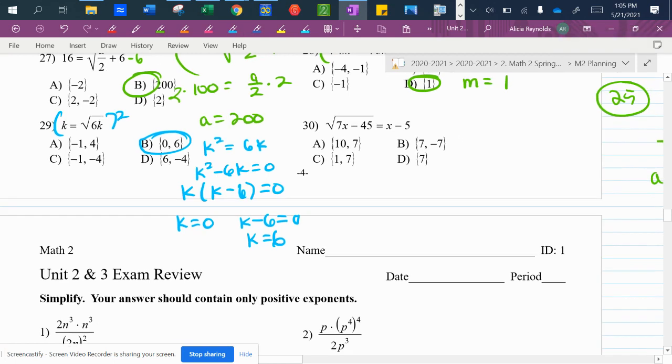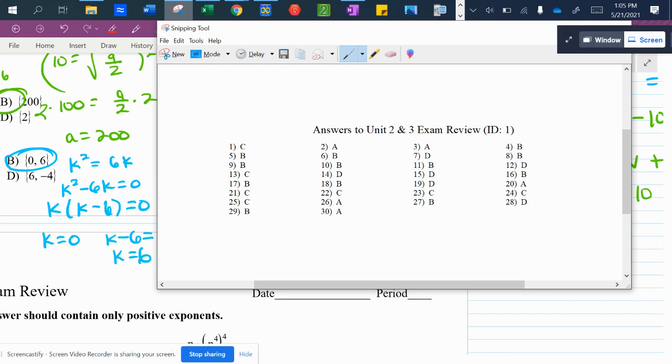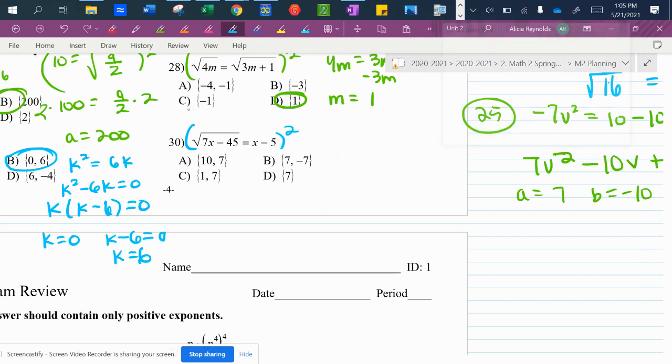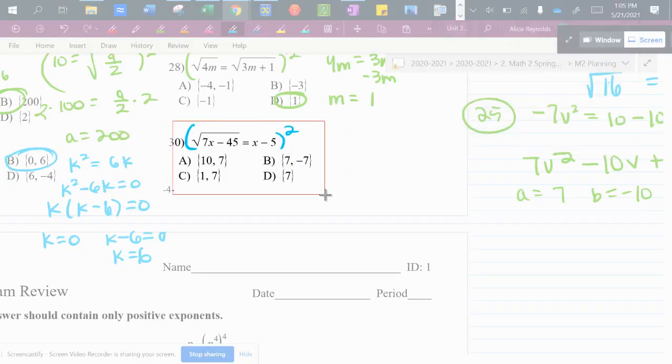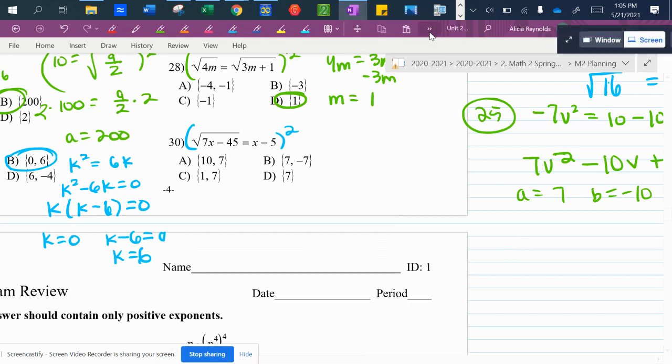And last but not least, I have a radical equals a binomial. So again, this radical is already by itself, so I can square both sides. And I'm going to need more space for this one. Let's come down here.